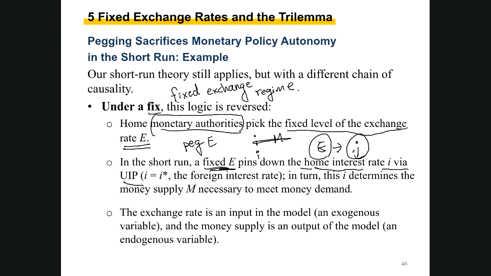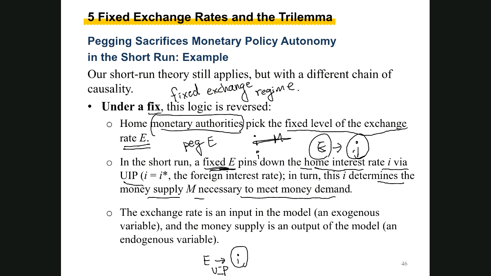In turn, this I determines the money supply necessary to meet the money demand, right? So now the logic is just reversed. You have E, and via UIP you are supposed to hold the domestic interest rate.